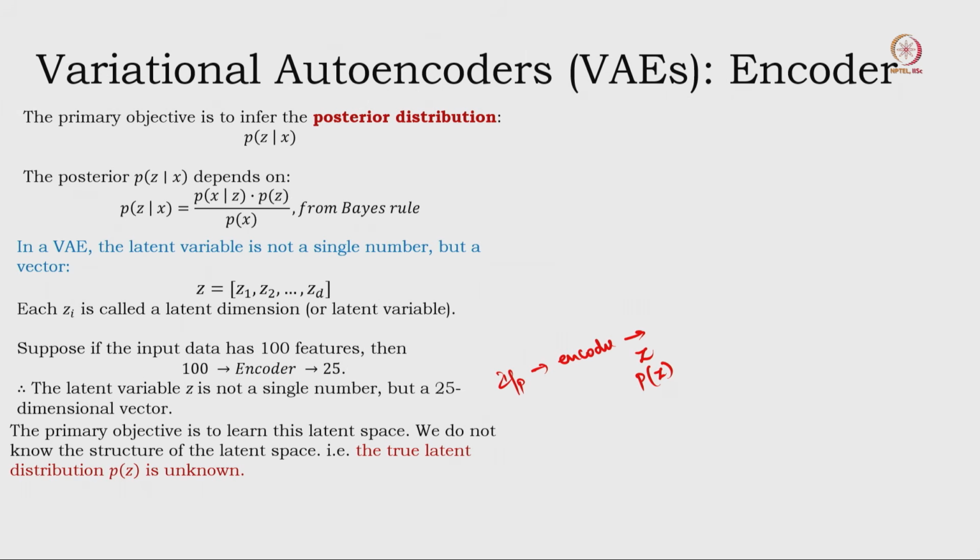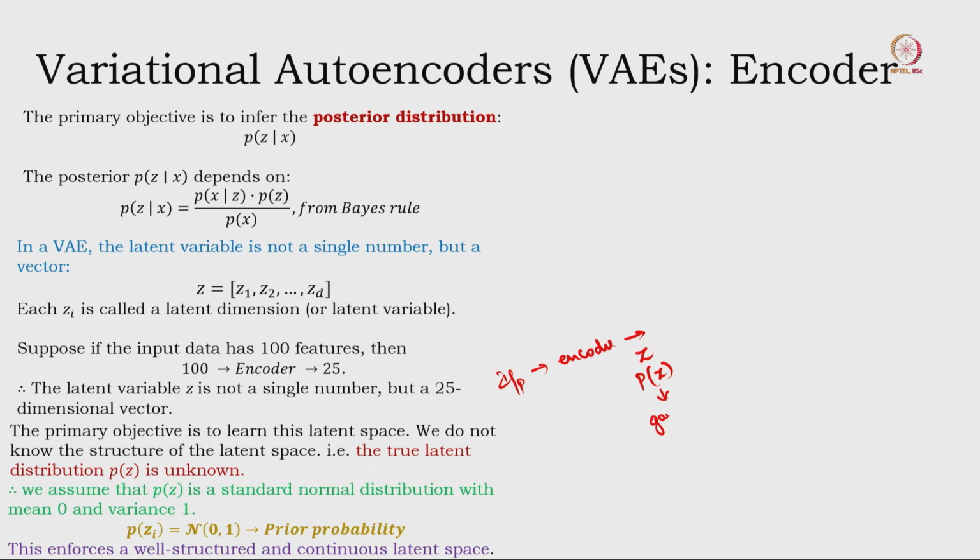Therefore, the assumption we make is that P of z, which is unknown, comes from a standard normal distribution, which is a Gaussian with mean 0, variance 1.